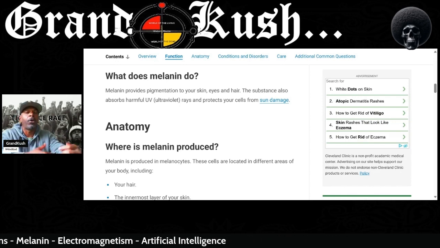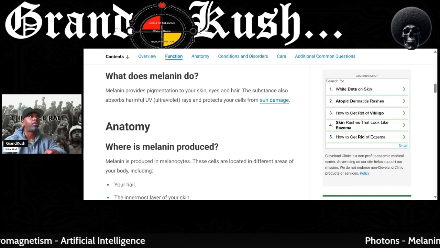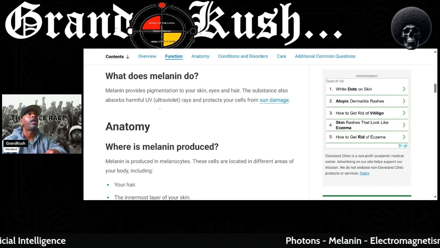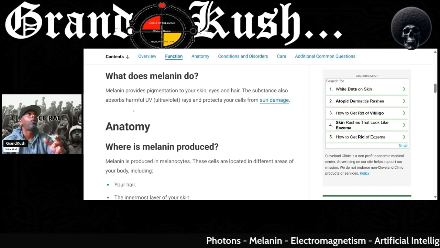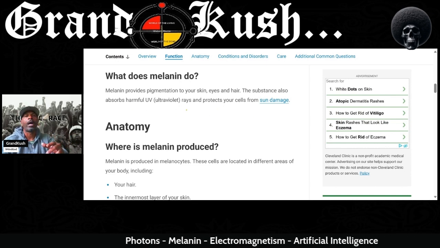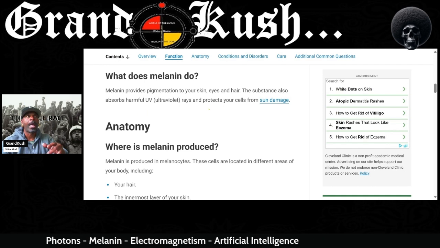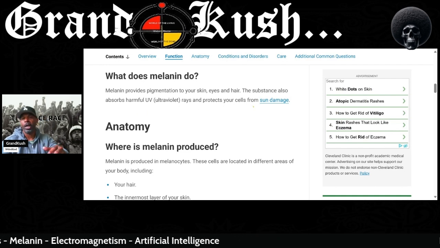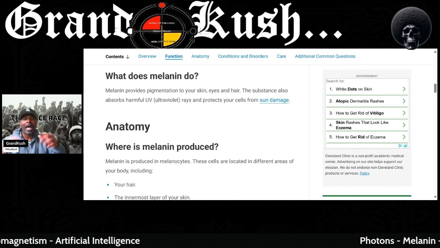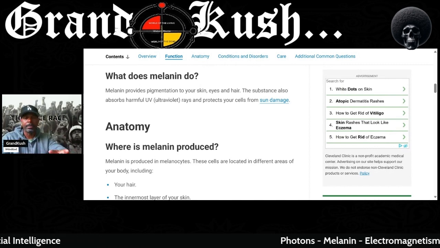It's harmful to pheomelaninites. And that's why this is broken down right here. In the case of us, you would just say the substance also absorbs UV ultraviolet rays, right? And charges your cells. That's what happens for eumelaninites.